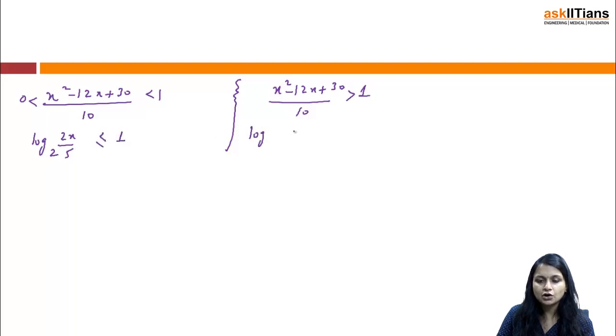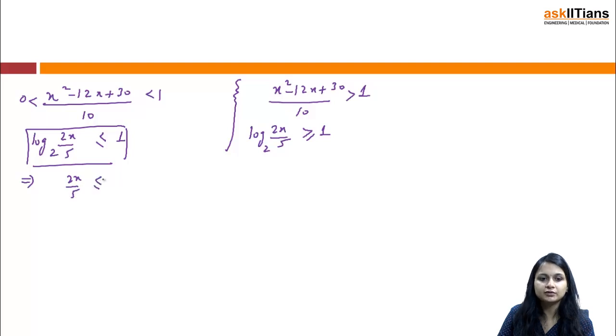And here log of 2x upon 5 to the base 2 will be greater than equal to 1. This is very simple to solve. This implies 2x upon 5 less than equal to 2 raised to the power 1, which is 2. So I can say that x is less than equal to 5 in this case, and here I will say that x is greater than equal to 5.